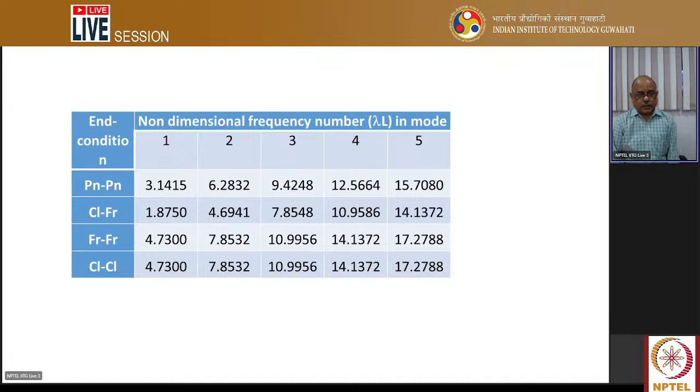That can be achieved by properly designing its section, that is, properly imparting its stiffness properties and mass distribution, so that we get the desired frequency. It should not be close to the natural frequency of the possible excitation. Therefore, frequency is a very important parameter.